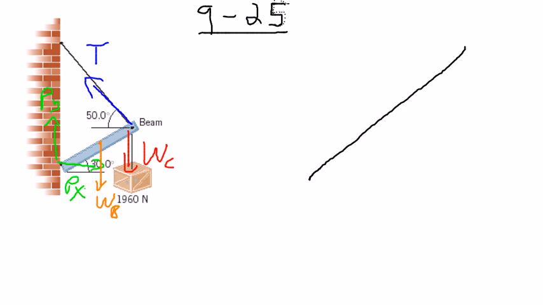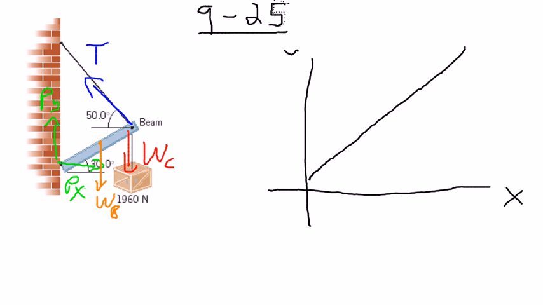So here's my beam. We know that it makes a 30-degree angle, so here's my X and Y axes. My tension force, let's switch to blue for tension force, is acting up in this direction.